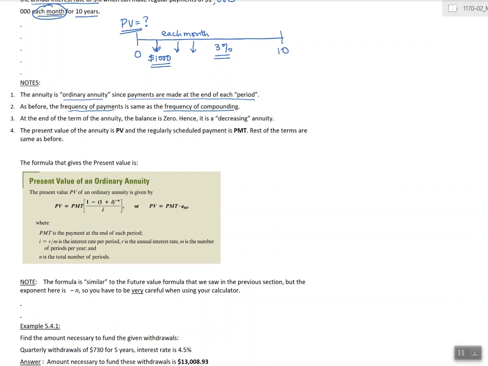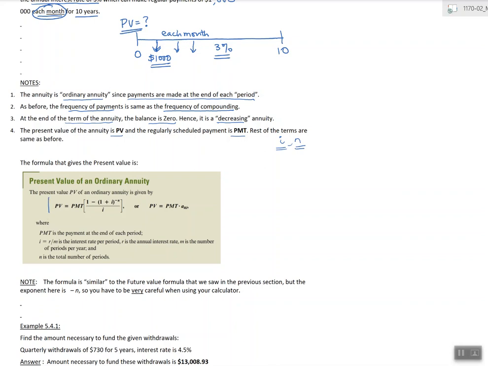At the end of the term of the annuity, the balance is 0, and that's why it's called a decreasing annuity. The present value of the annuity is PV, and the regularly scheduled payment is PMT. The rest of the terms are the same as before. That means the I and the N that we have been finding stay the same.